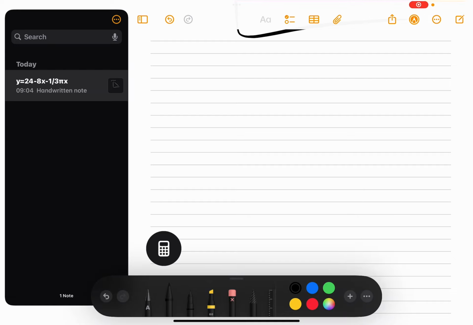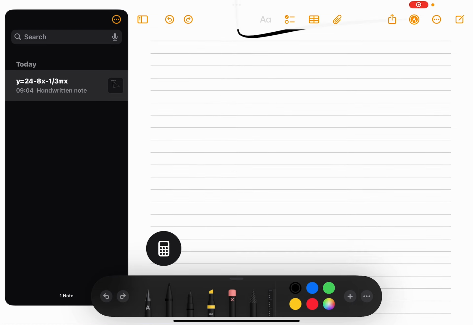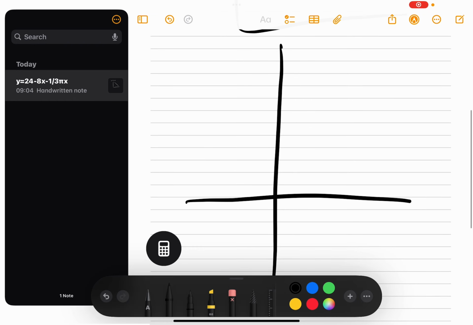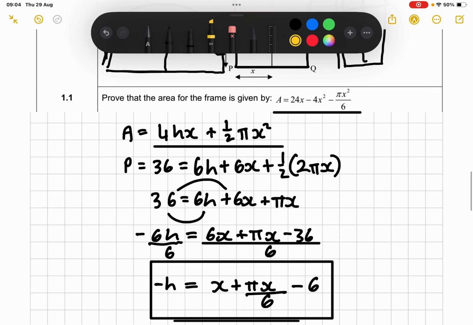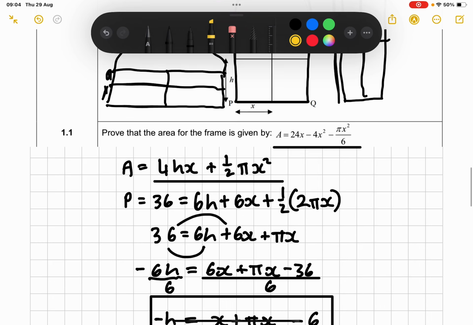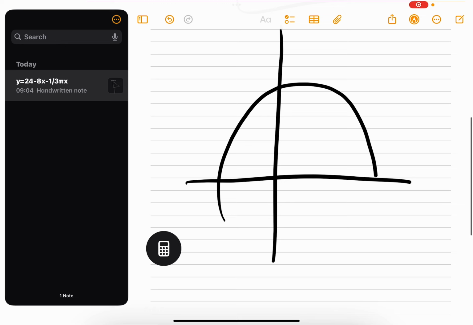Again, I'm assuming here. But let's say this is your Cartesian plane. Is it increasing, decreasing? I'm pretty sure it's a sad face. So let's say it's decreasing like that.